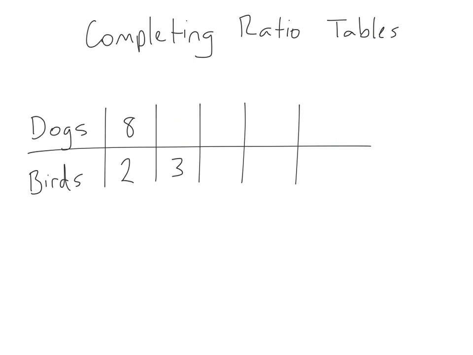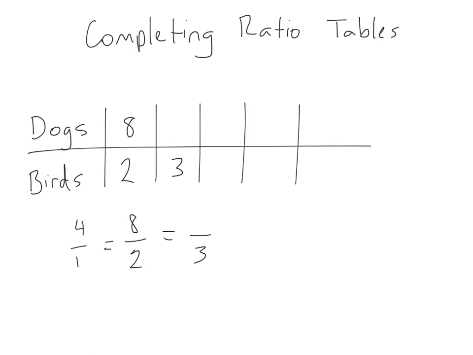Let's think about it in terms of equivalent ratios. We know that for every 8 people that own a dog, 2 people own birds. What would that equal if instead of the denominator being a 2, it was a 3? Well, 8 over 2 simplifies to 4 over 1.